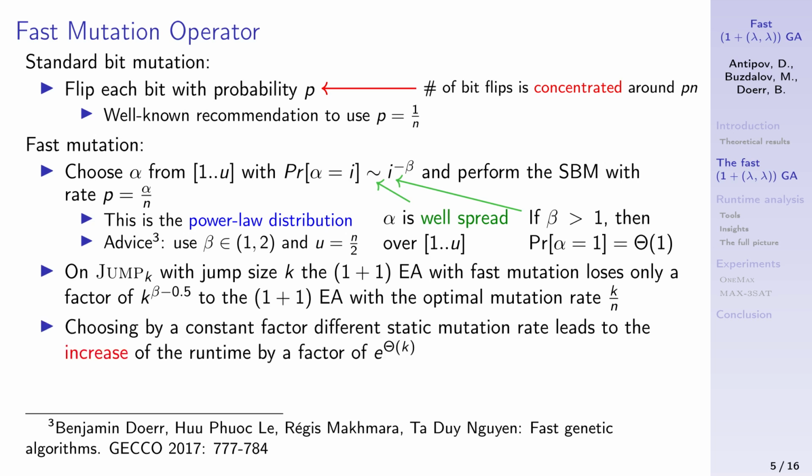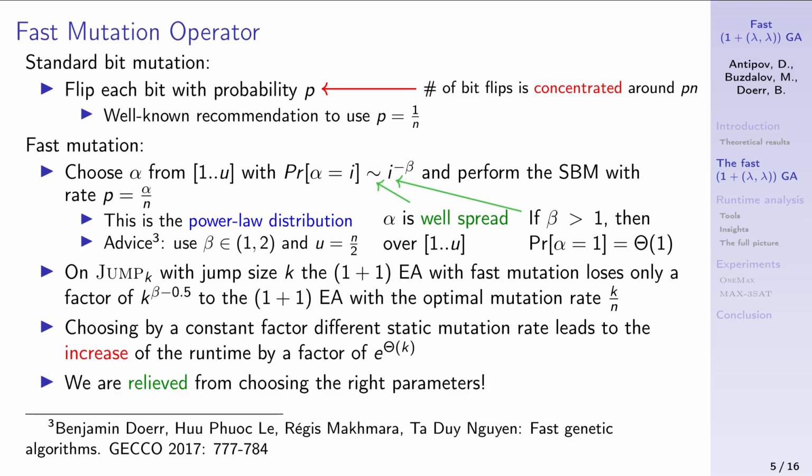However, this happens in a situation where missing the right mutation rate leads to a drastic increase in the runtime. So the main idea is that the fast mutation operator relieves us from choosing the right parameters, and this is what we want to use in the 1 plus lambda comma lambda GA.